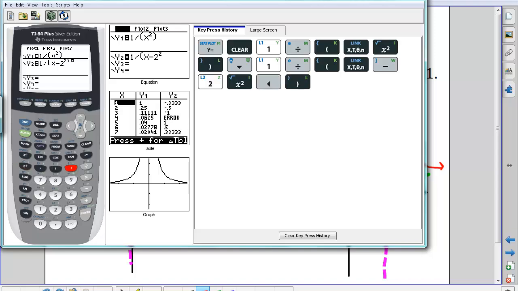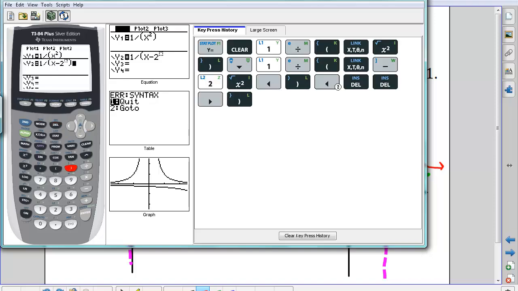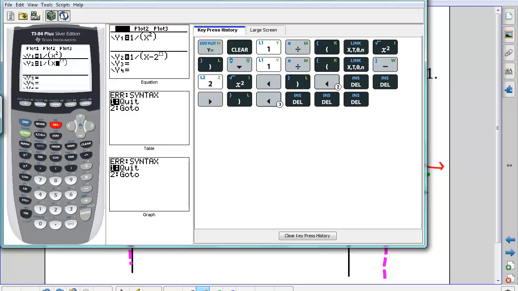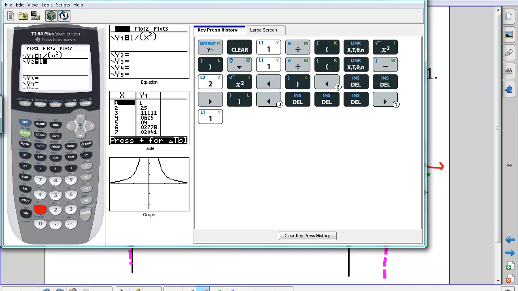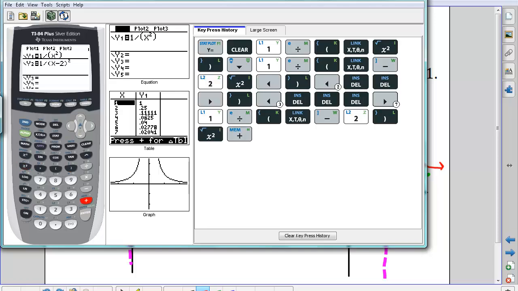Oops. I'm just going to start over here. Having some problems. 1 over (x minus 2) squared plus 1.